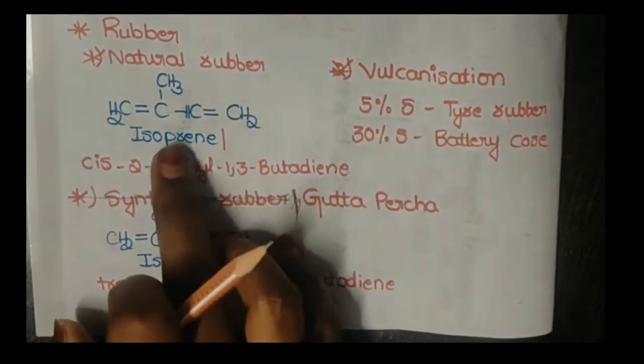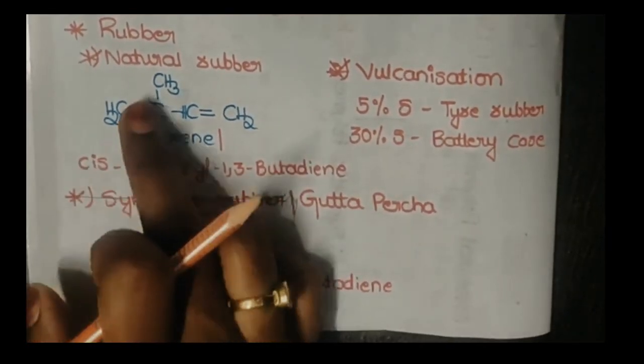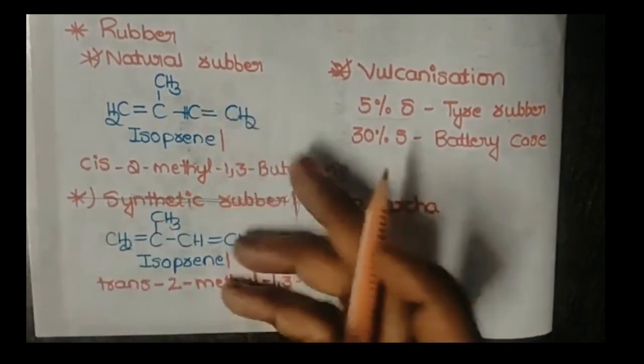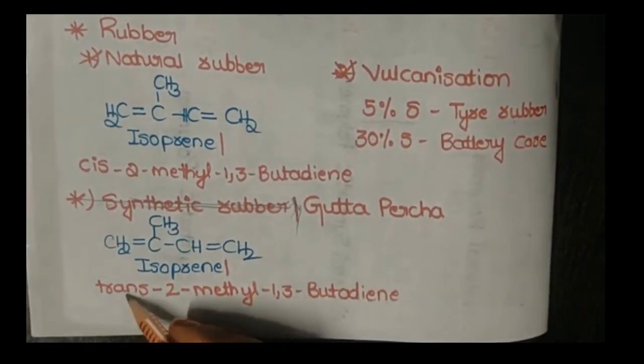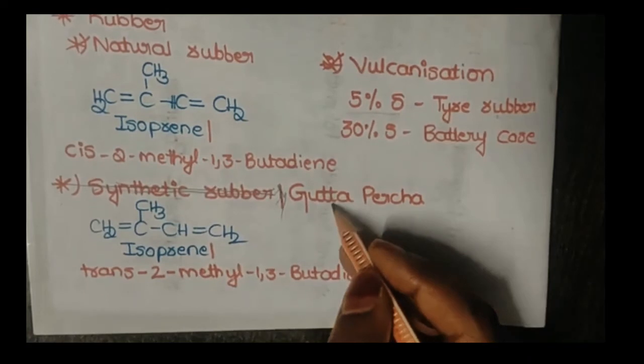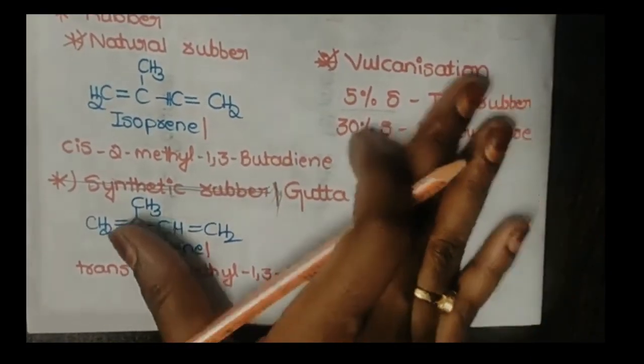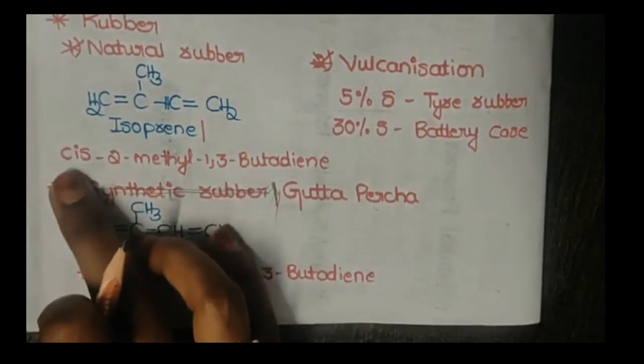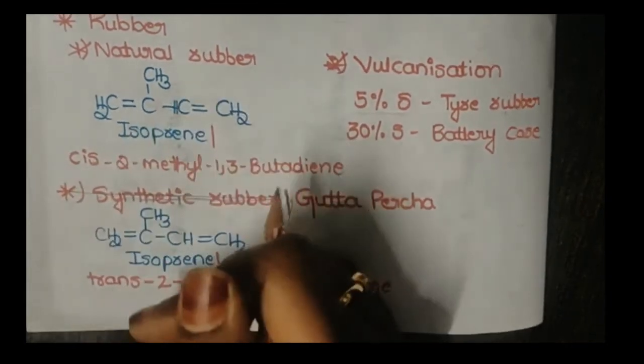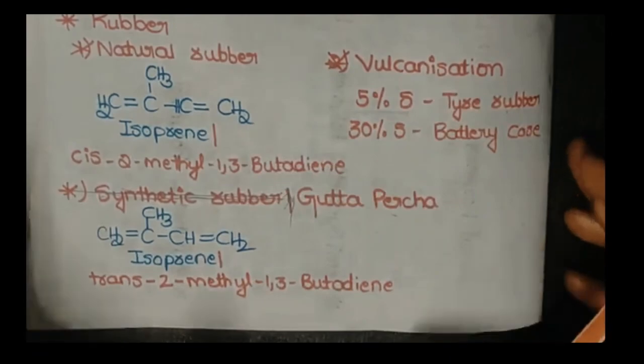So isoprene in the cis form is called natural rubber, whereas isoprene in the trans form is called Gutta-percha. Okay, so Gutta-percha is the trans form, whereas natural rubber is the cis isomer. Got my point? So this is the difference between natural rubber and Gutta-percha. Let us move on with rubber.